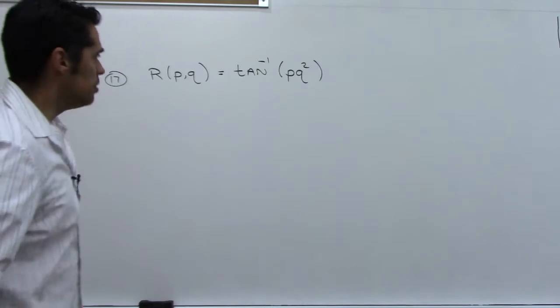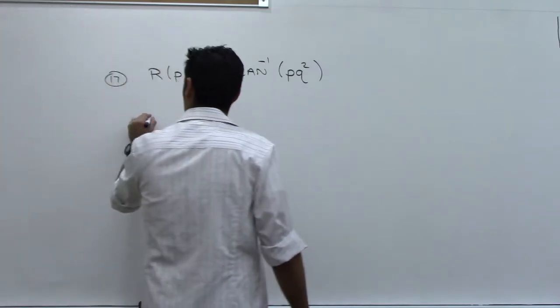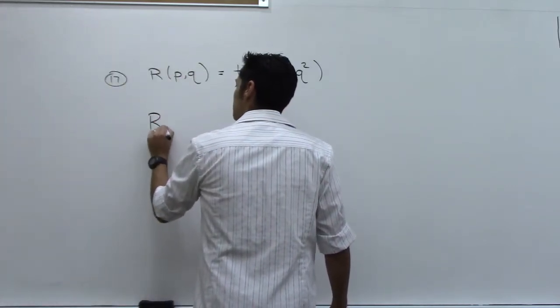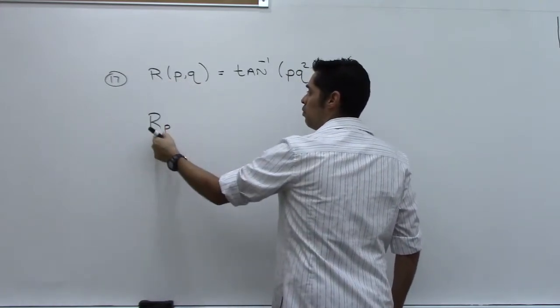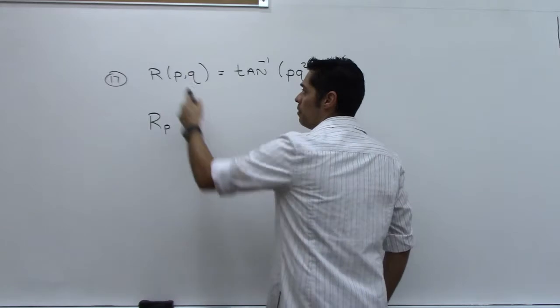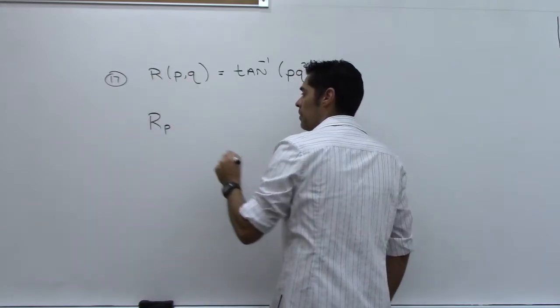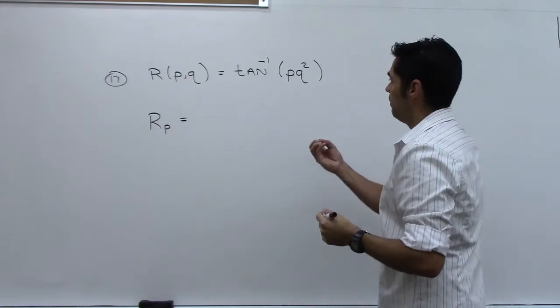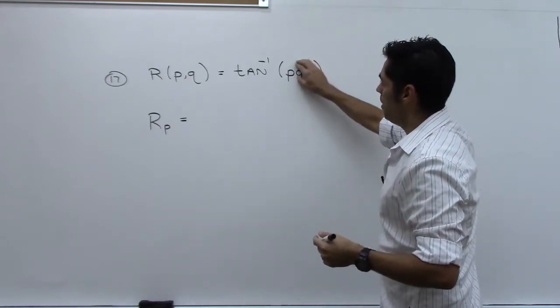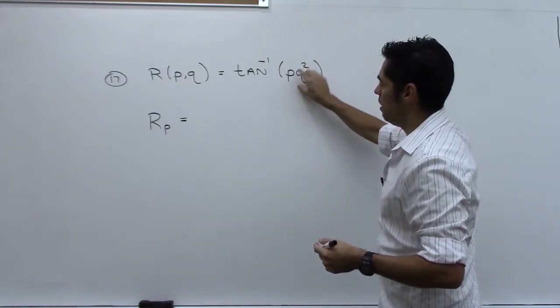So what we're going to first do is try and find the partial of r with respect to p. Since we have two variables, our function's name is r, this is one of the possibilities. The other one would be the partial of r with respect to q. So if I do this, I'm going to hold q as being a constant. So q squared here is just some number, and that's going to be multiplied times p.